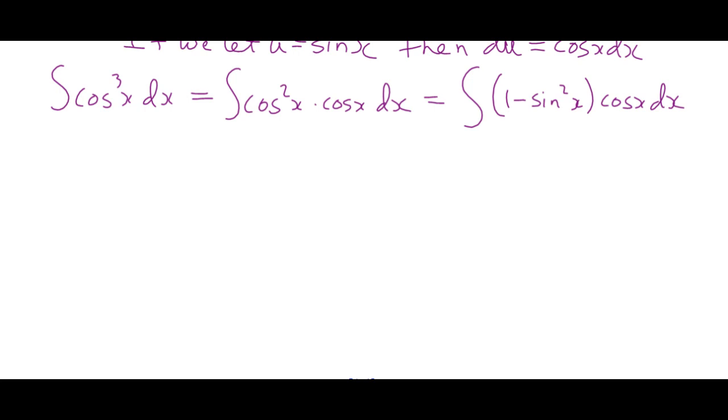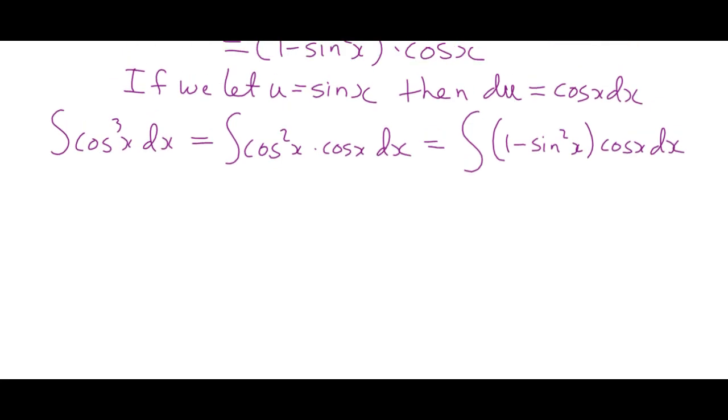All right, so let's extend the page a bit and do that. That will become the integral of 1 minus u squared du. Okay, so u is sine x, and du is cos x dx, so the cos x dx is du. That integral is pretty easy, right? It's just u minus 1/3 u cubed, plus c.